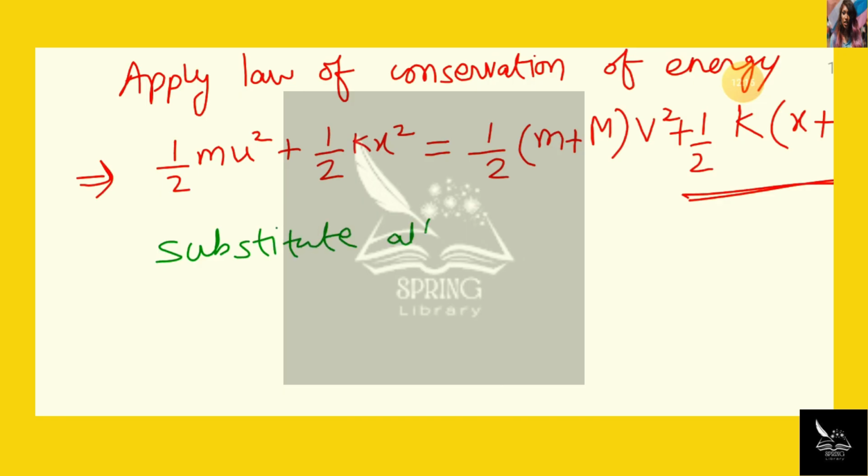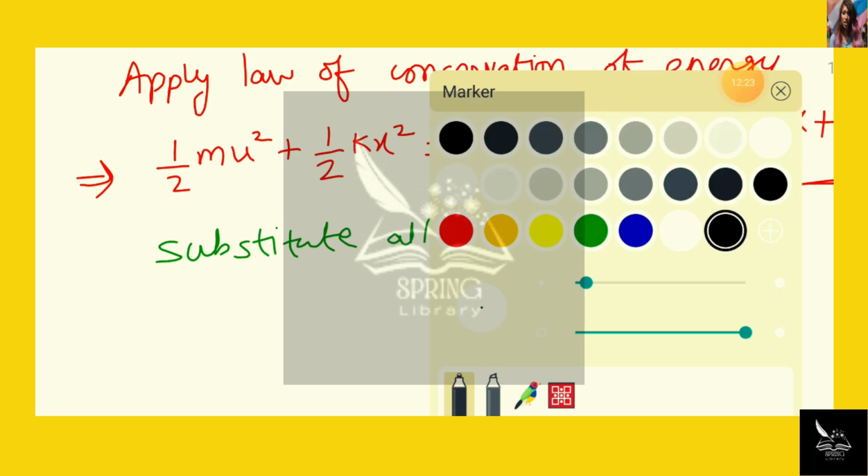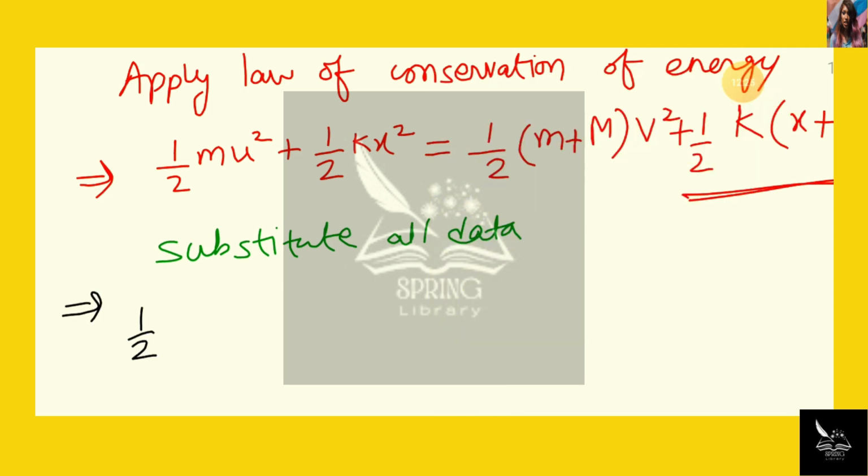Substitute all data. So it will be written as, left side will be half m, which is given as 0.12, u square will be 3 square, that is 9, plus half k, which I got in the above steps, k is 200 Newton per meter.